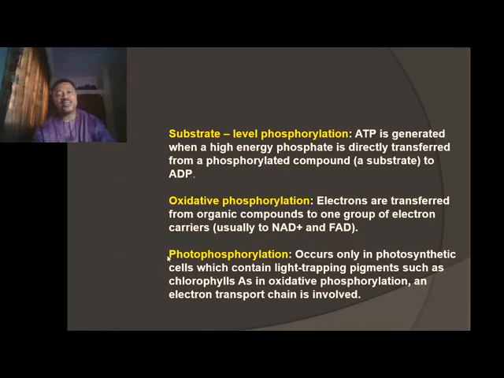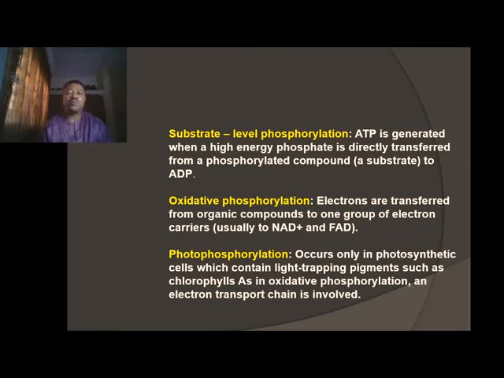And the last is photophosphorylation. As the name implies, it occurs only in photosynthetic cells. These cells contain chlorophyll that helps in trapping light energy. Just like what happens in oxidative phosphorylation, there is an electron transport chain involved here.